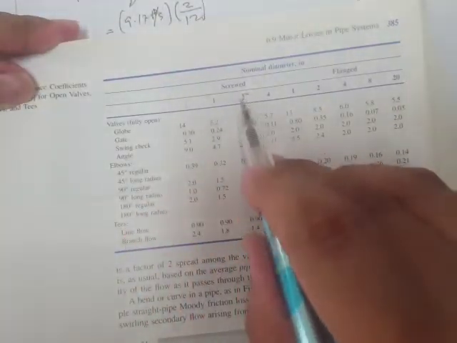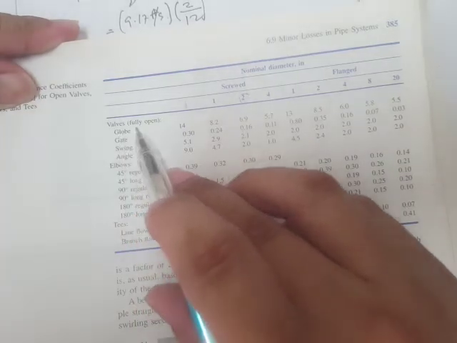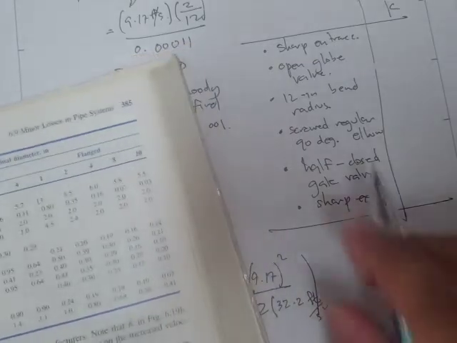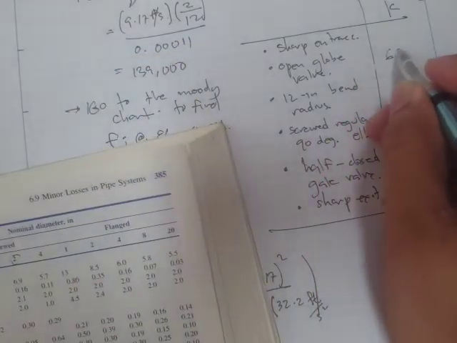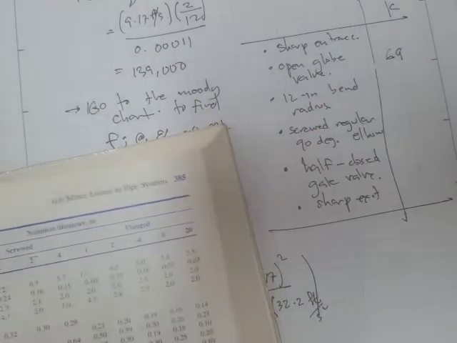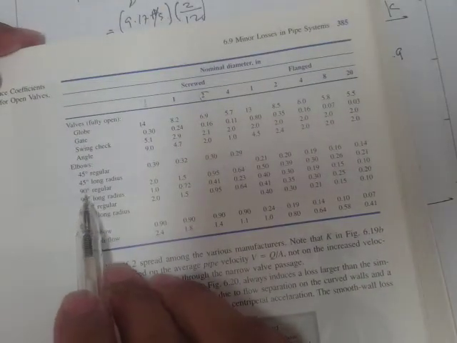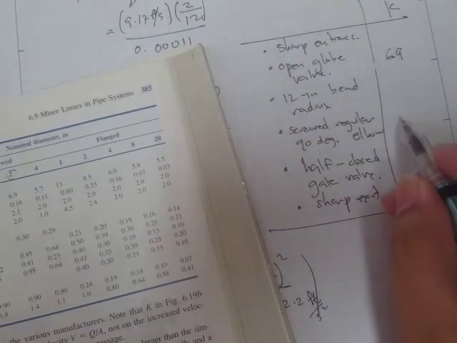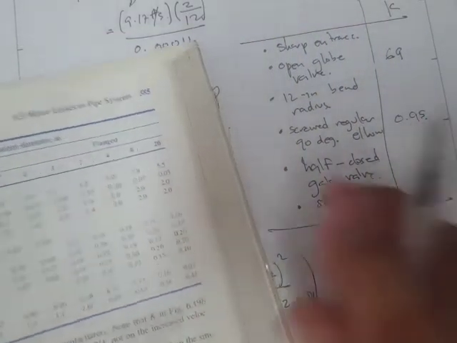So for example, open globe valve, we have the 2 inches, and this is the globe valve fully open, and it says here we have a 6.9 value, right? 6.9. And for a 90 degree elbow, for example, 90 degree regular elbow, that's 0.95.